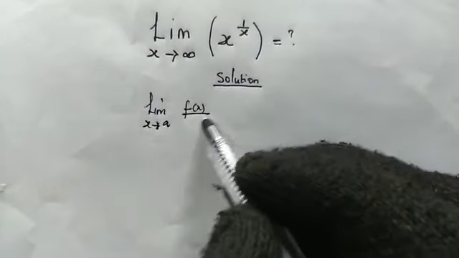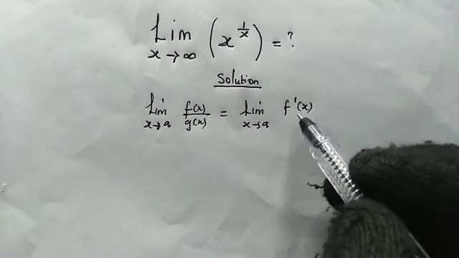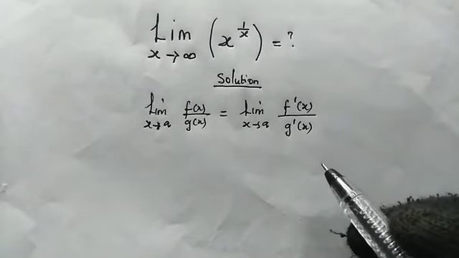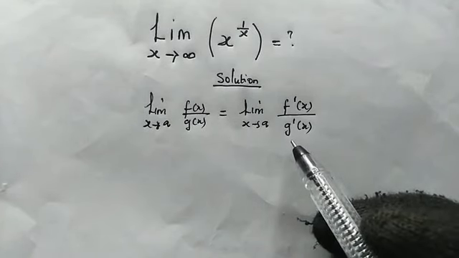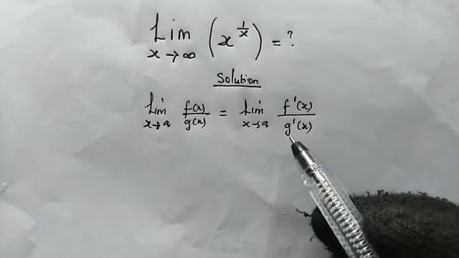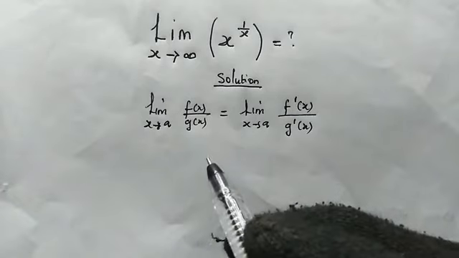L'Hopital's rule states that this limit is also equal to the limit as x approaches a of the derivative of the numerator, f prime of x, divided by the derivative of the denominator, g prime of x. This is a very wonderful theorem. I'm going to apply this theorem here because we need to evaluate this limit.